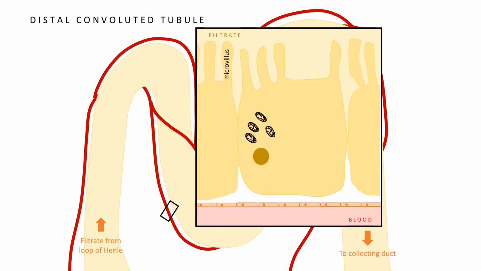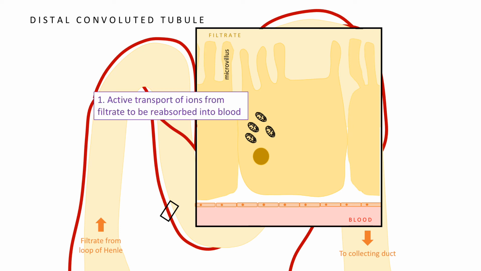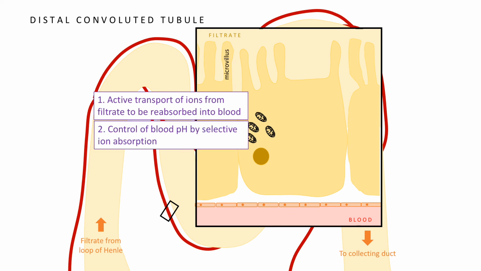So the three functions of the distal convoluted tubule, I should have stated, are, so obviously that's why it requires many mitochondria. And so that's about balance of hydrogen ions and bicarbonate into the blood.